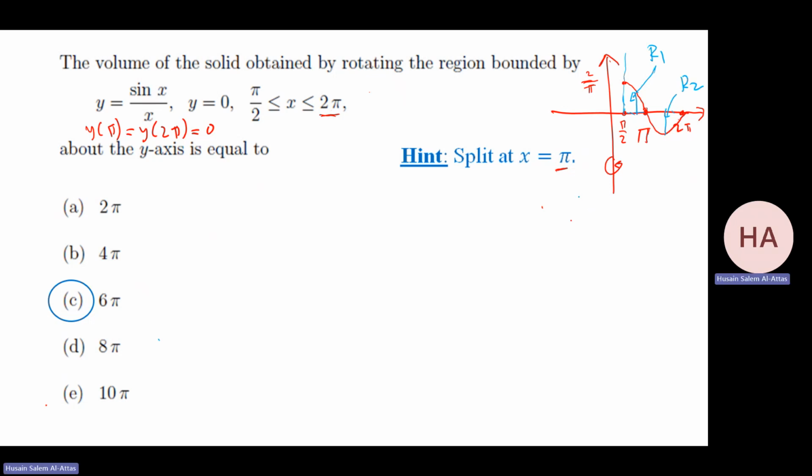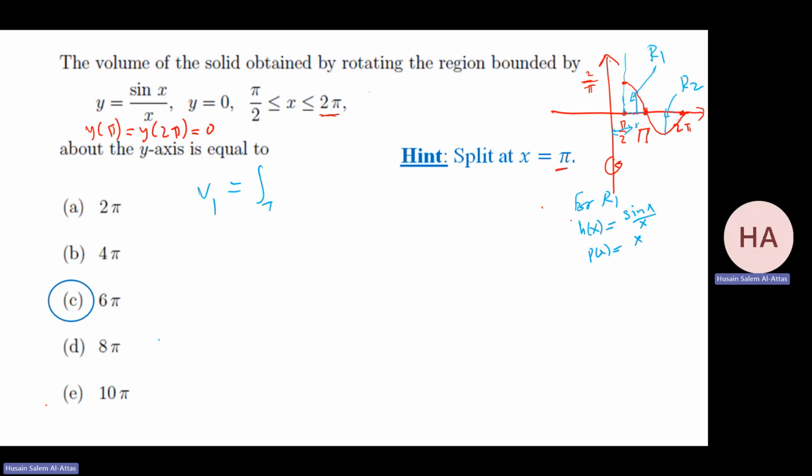So now for region 1, what is h of x? It will be the function minus 0, sine x over x. And what is b of x? That will be x. So the volume, let me call it V1, from pi over 2 to pi.